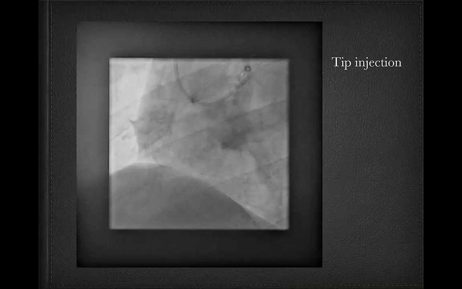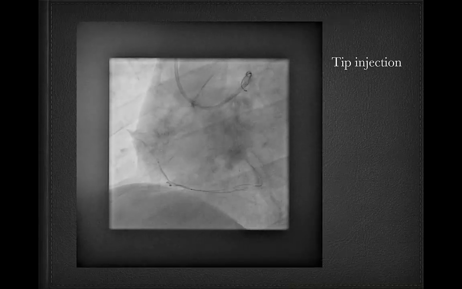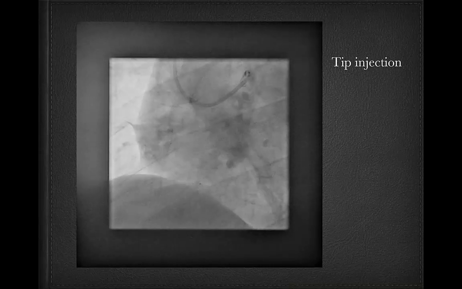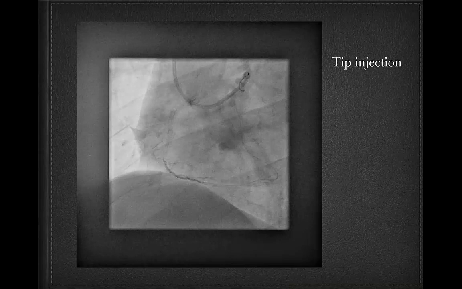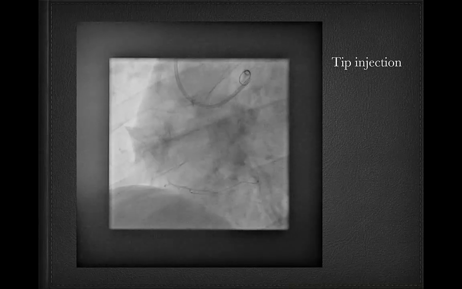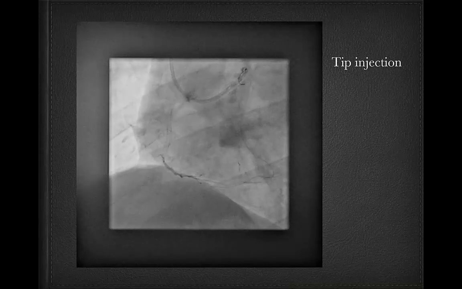At this point, I always make a tip injection to appreciate the distal cap, and we can see that the distal cap is inside the beginning of the ending of the struts of the previous stent.